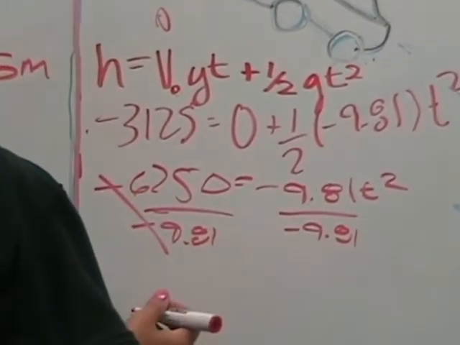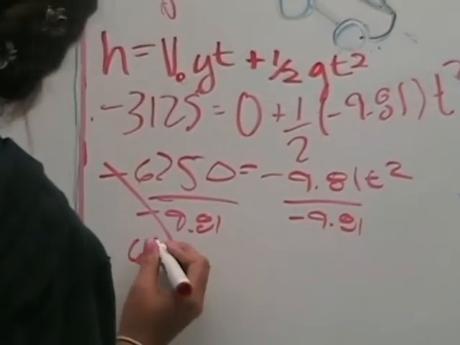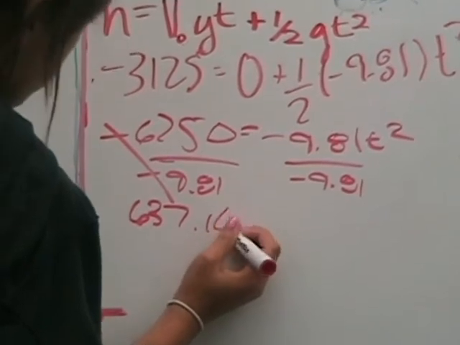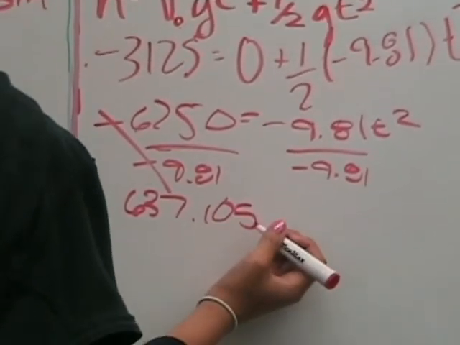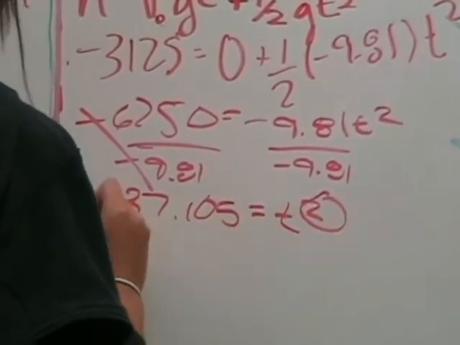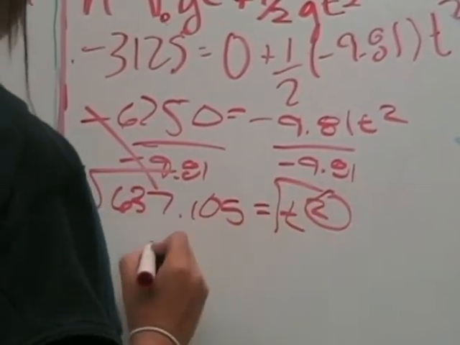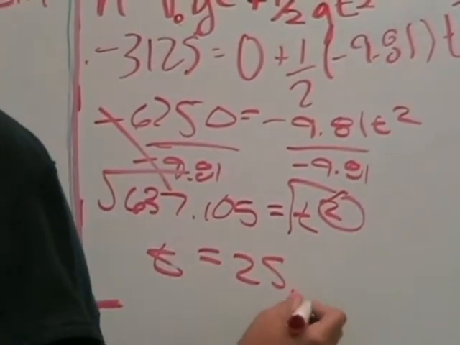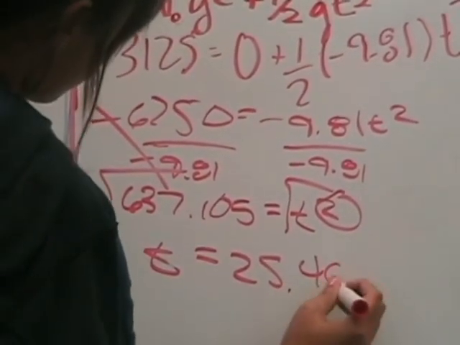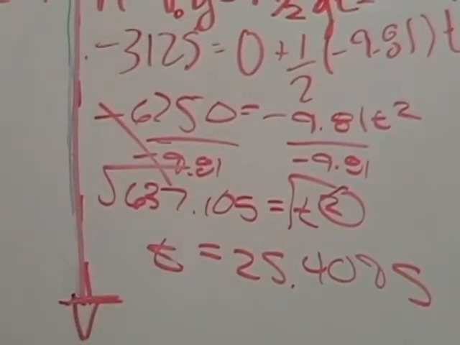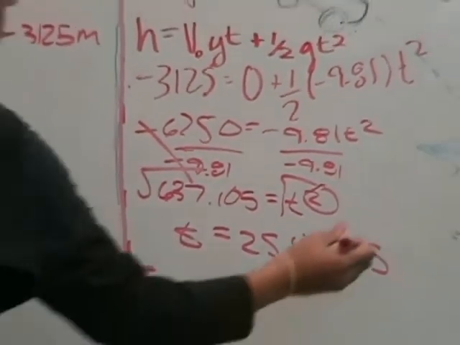Negatives cancel out, and we're left with 637.105 is equal to t squared. Well, since we have that square, we have to take the square root of both sides, and then t equals 25.409 seconds. That's how long it took the car from getting from point A to point B.